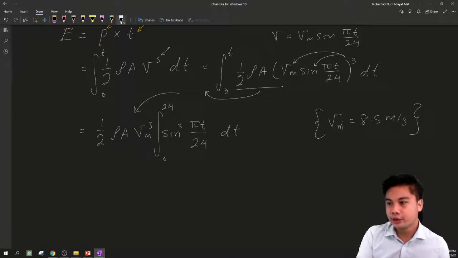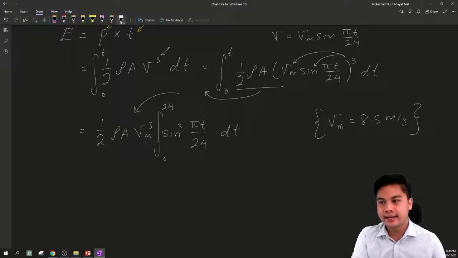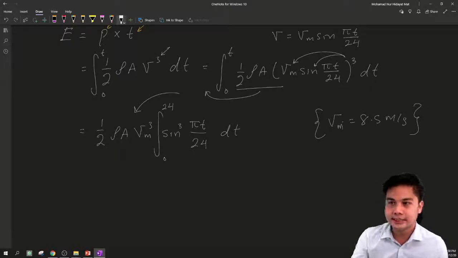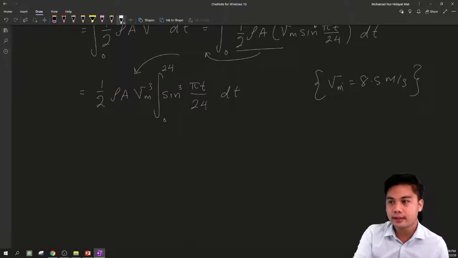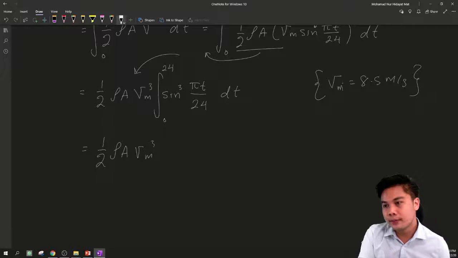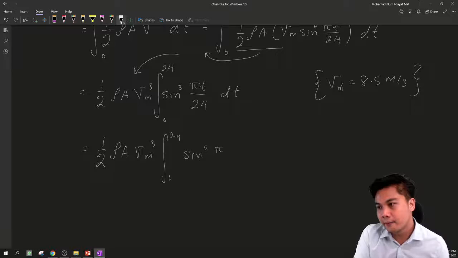Next, we need to do the integration of sine to the power of 3. This requires special knowledge of trigonometric integration. Here we write it again: 1 over 2 rho A Vm cubed, integral from 0 to 24. Sine cubed we expand into sine squared pi t over 24 times sine pi t over 24 dt.